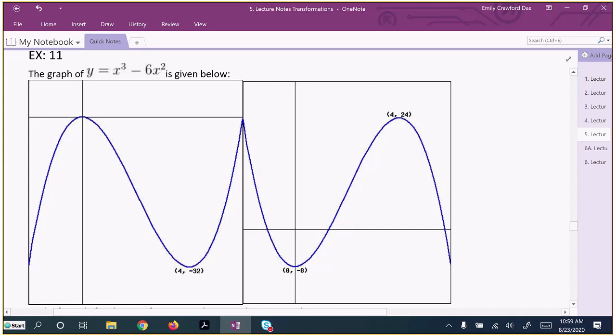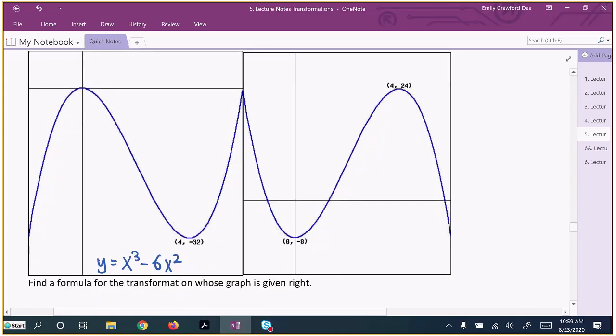Now, we're given a picture and we're told that this is the graph of y equals x cubed minus 6x squared. And then the graph to the right is some transformation of y equals x cubed minus 6x squared. We want to find a formula for the transformation.